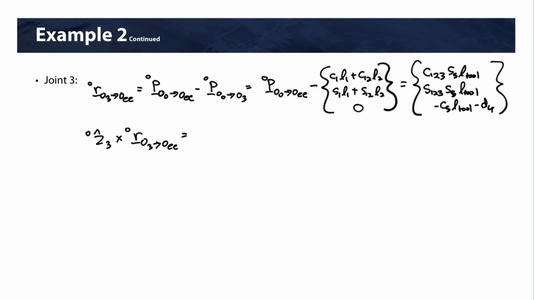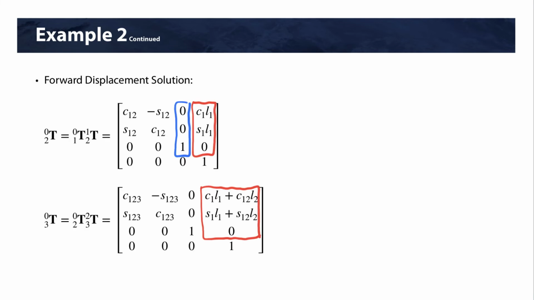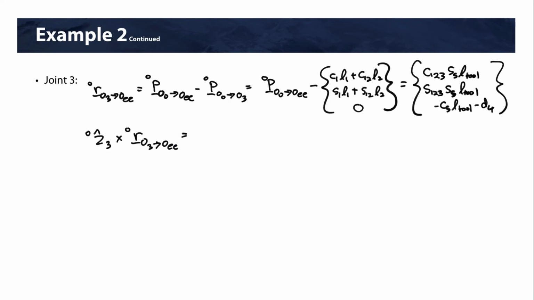We're going to get Z3 from T03. All right, so there's Z3 here in blue, 0 0 1 again. So 0 0 1 cross our R vector.